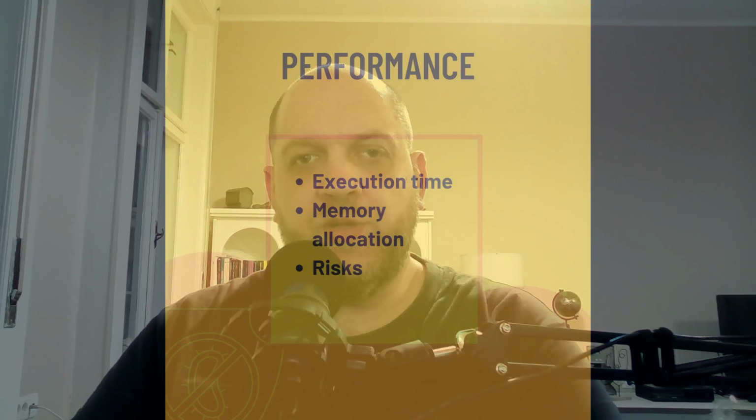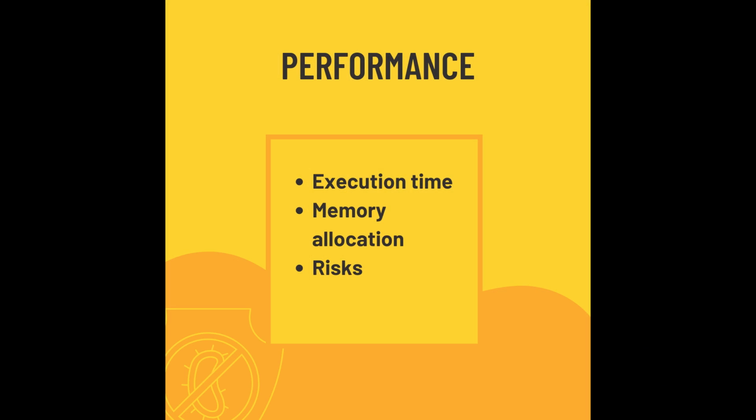To sum everything up, it's important to understand that when we think about performance in C#, we don't only think about execution time. We need to also think about optimal behavior of our application. We should also think about potential risks that our application might run into and that would break the application. And also we have to think about memory allocation.